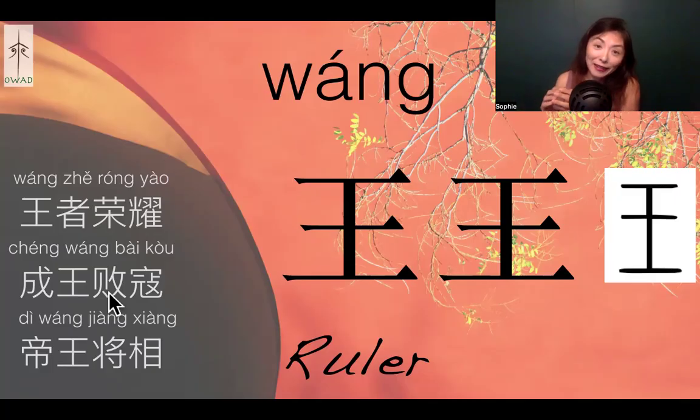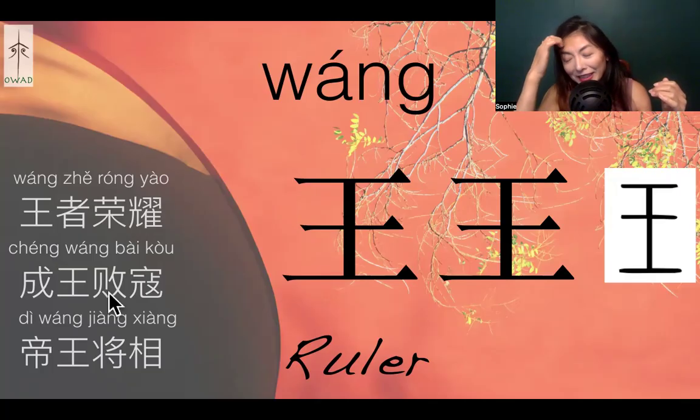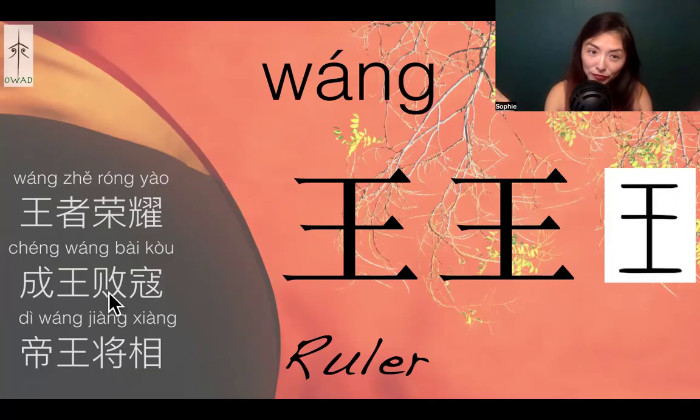Not only did they lose, but they somehow were under-equipped or underperformed, not the best military force. So 寇 is this negative casting of your foe.